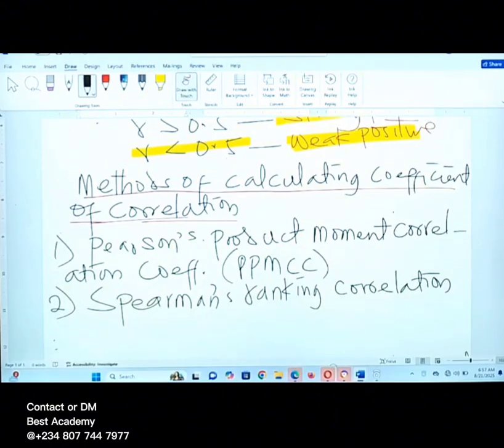In our next video we are going to learn how to calculate the coefficient of correlation using either PPMCC or Spearman's ranking correlation.